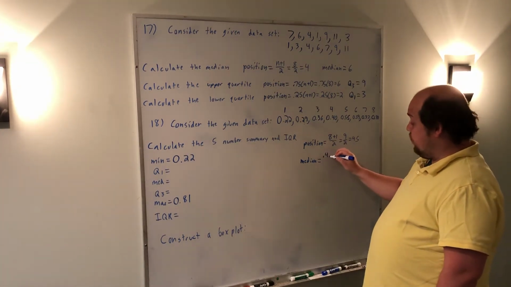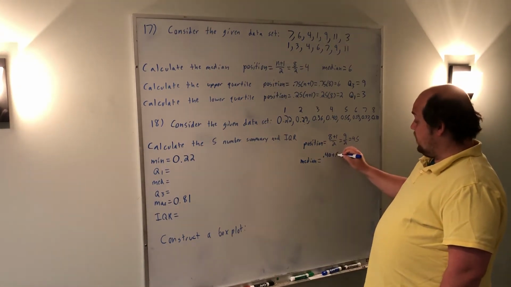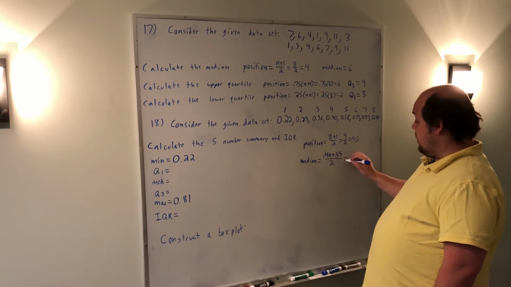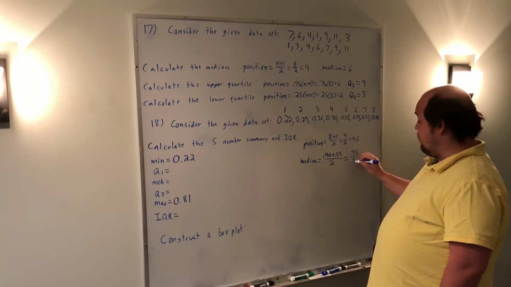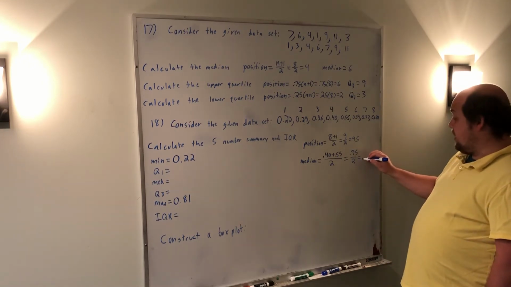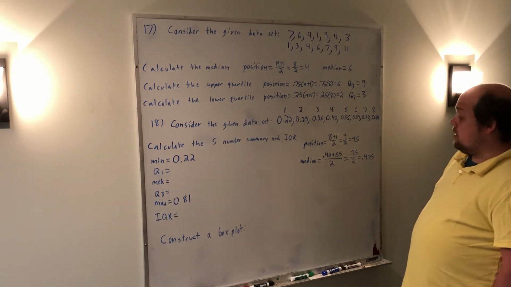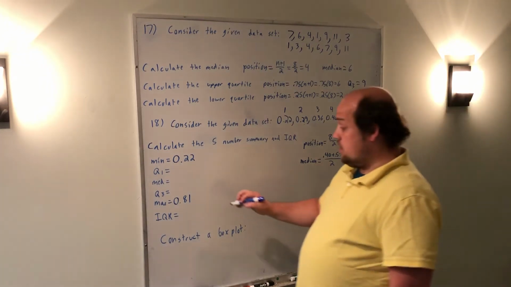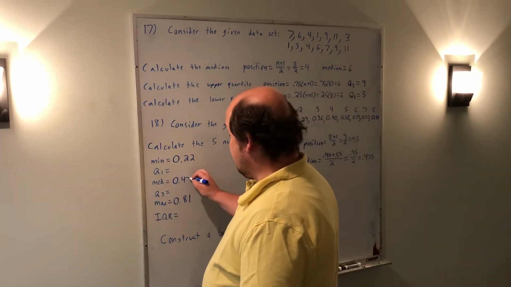The 4th data point is 0.40, the 5th data point is 0.55, and I'm going to divide it by 2. That gives me 0.95 divided by 2, which is 0.475. So my median is 0.475.